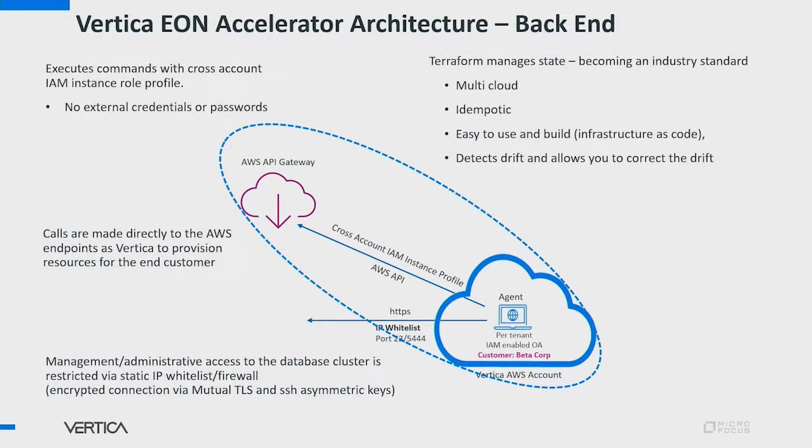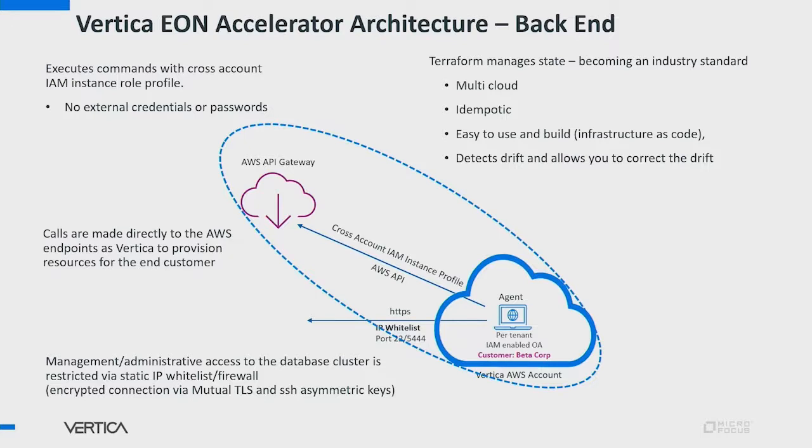So going even deeper into the backend or the agent, which is the heart of our system, what is it made up of? It runs three different services. We run Terraform on there to essentially provision resources. Terraform is becoming an industry-wide standard for provisioning resources in the cloud. It's multi-cloud, it's idempotent.